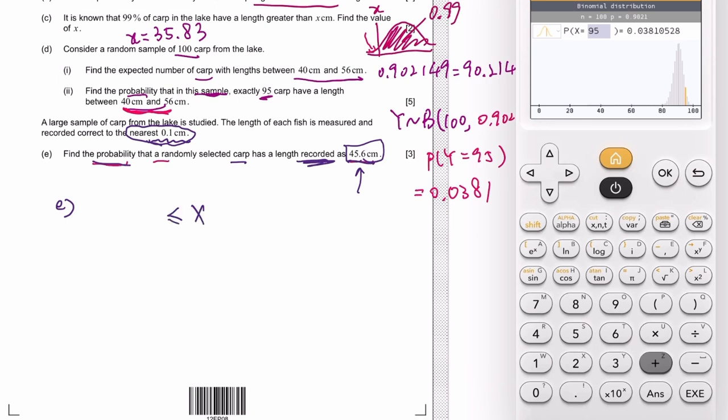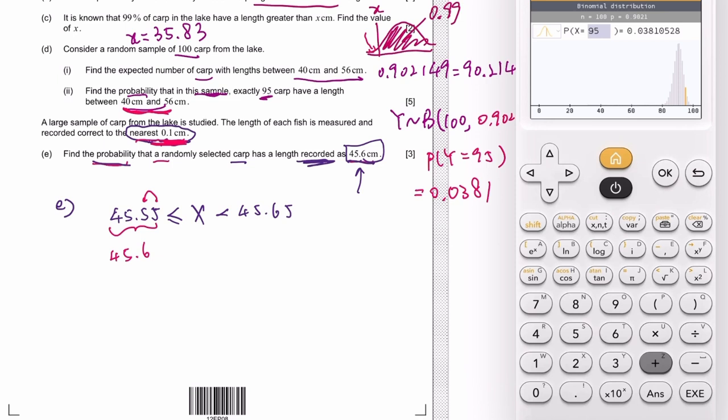Well, it's likely to be a range, and if you think about it, it would be when the fish is between 45.55 long and 45.65 long. Right? Because if you correct this number to the nearest 0.1 cm, then you would say this is a 5, so you add 1 to it, so it will be 45.6.